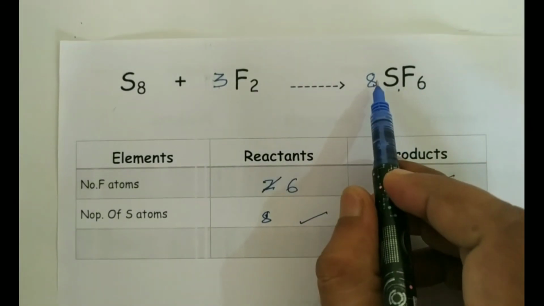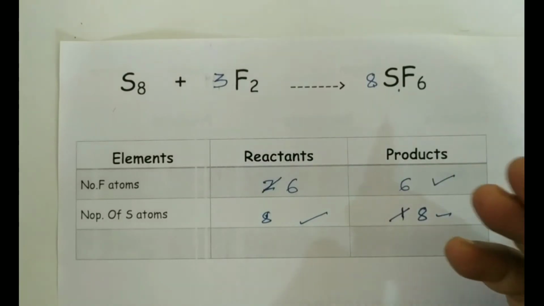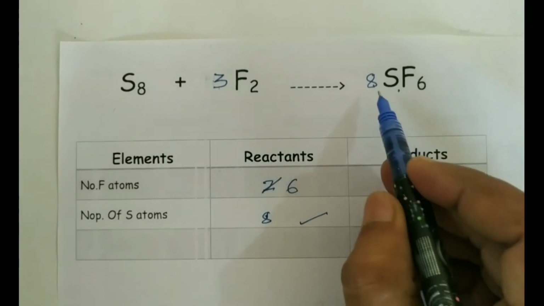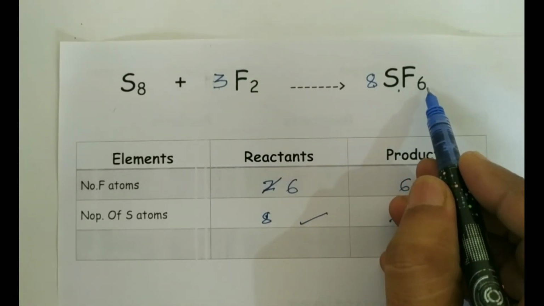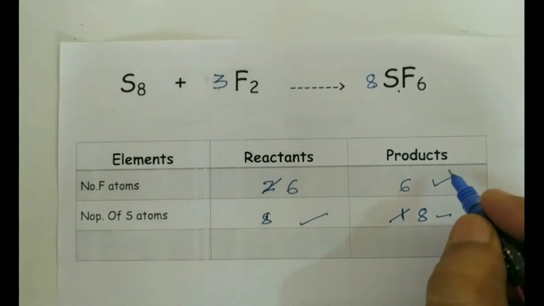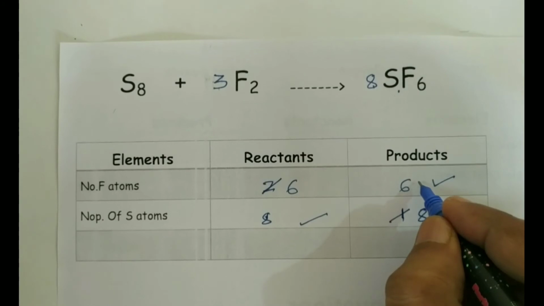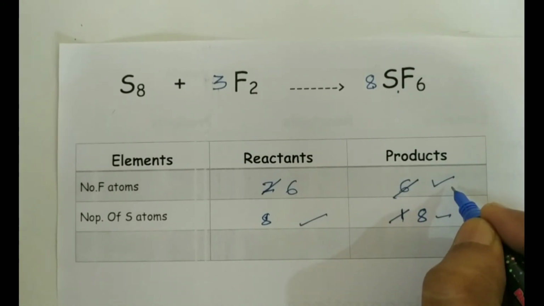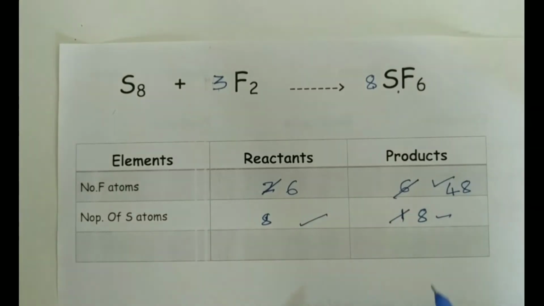But at the same time, the number of fluorine atoms is increased. So how many? 8 of 6 is what? 48. Okay, got it. So it becomes 48.